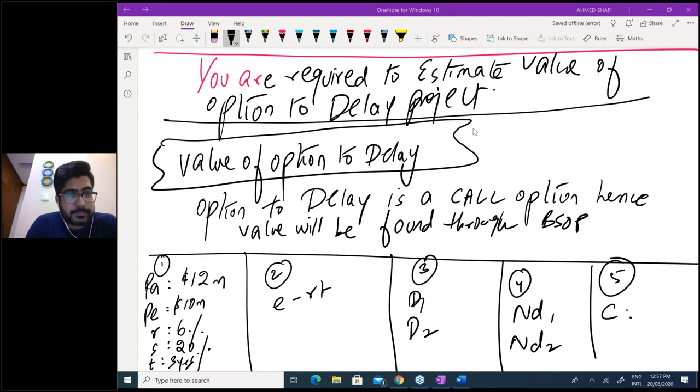Yes, either you will get delay, early exit, or expand, and you need to find value through BSOP. These 5 steps need to be applied. In step 1, PA, PE, R, S, T should be used. R, S, T would be given, and I've told you specifically what is PA and PE for each option.